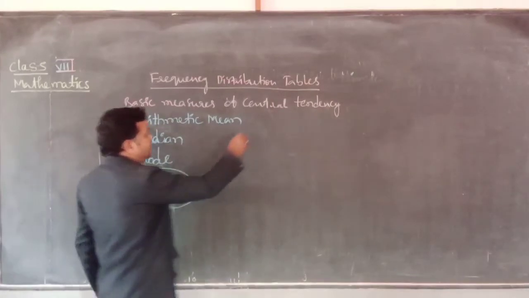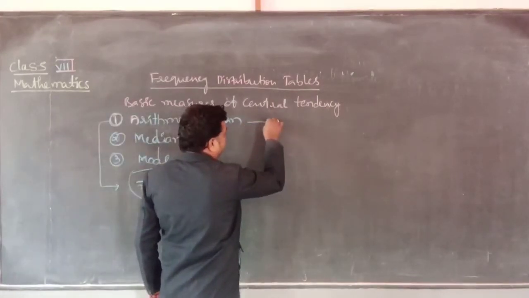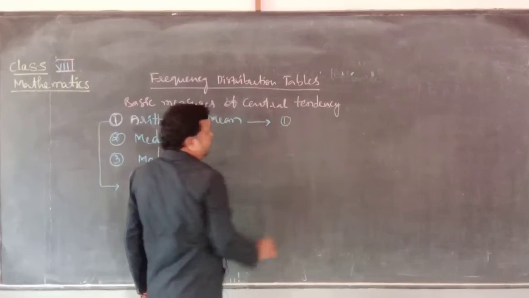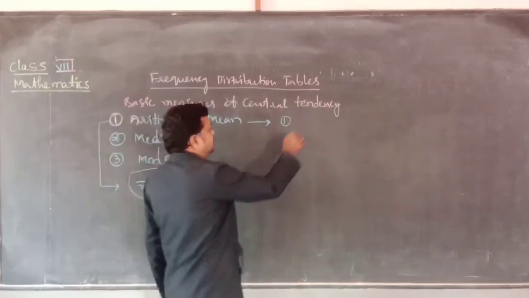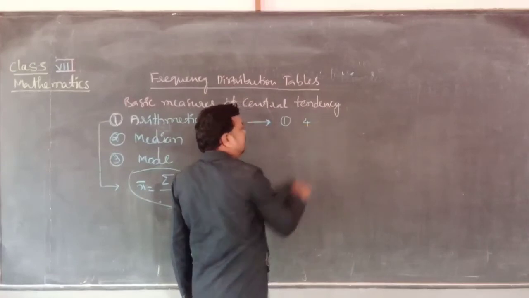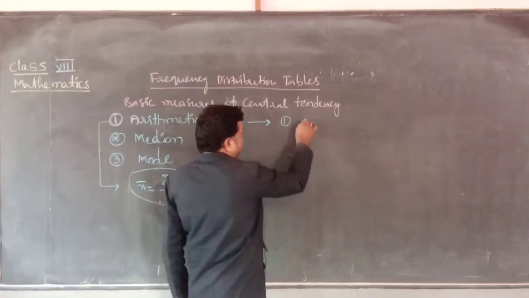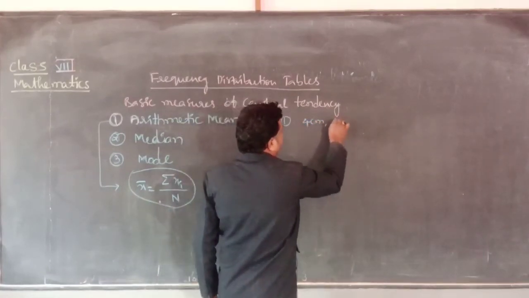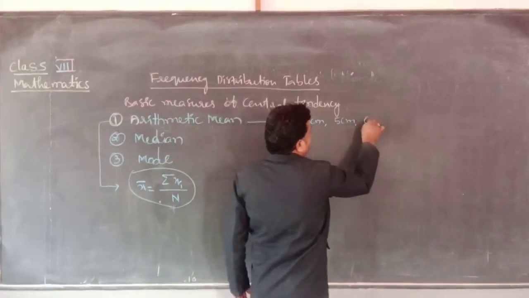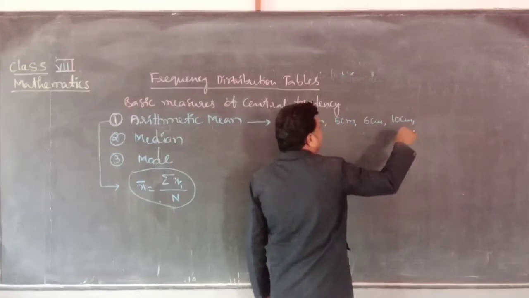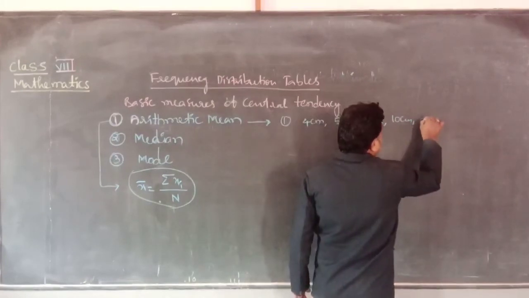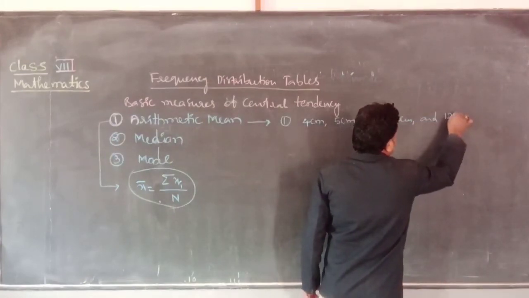So here I am taking one example. In the month of July, I recorded the rainfall in one place: 4 centimeters, 5 centimeters, 6 centimeters, 10 centimeters, and 12 centimeters.